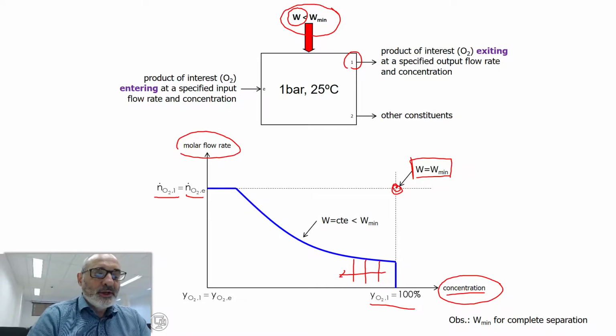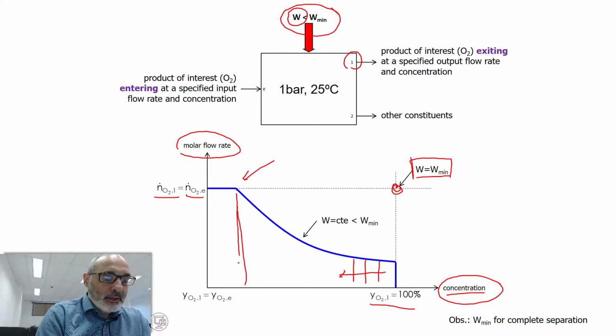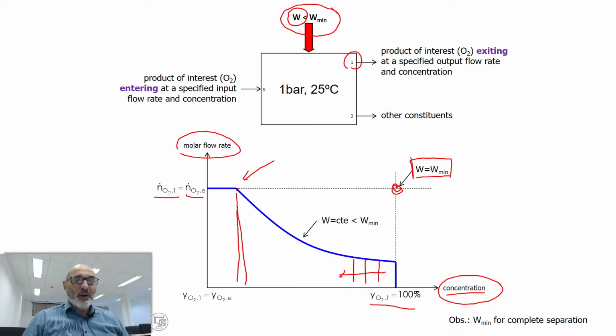My concentration of O2 decreases, and consequently the concentration of N2 increases. It may decrease to a point where it's going to be 0 on the other side. So this is how, qualitatively, this graph should work.